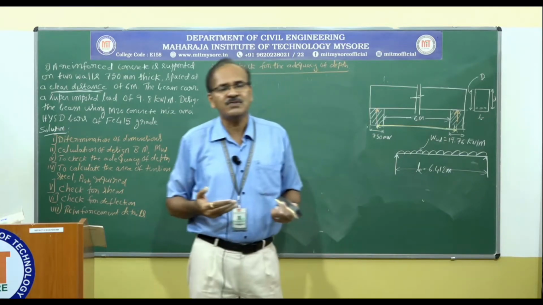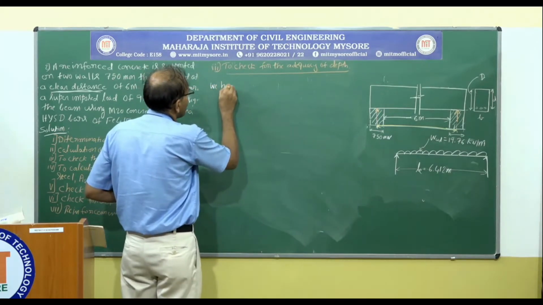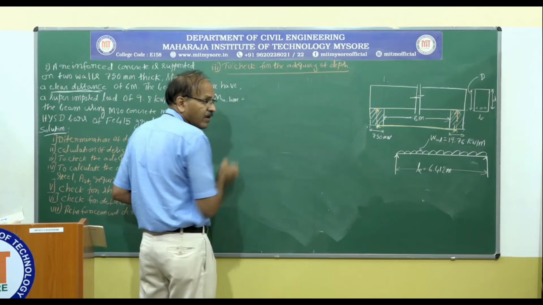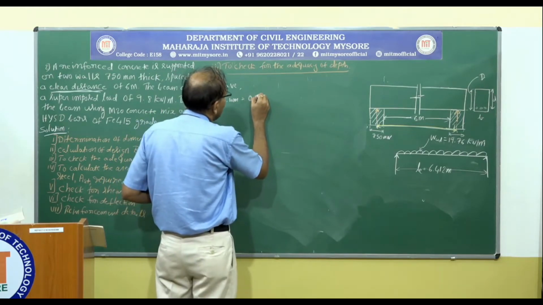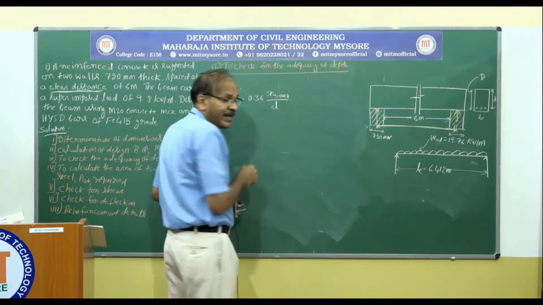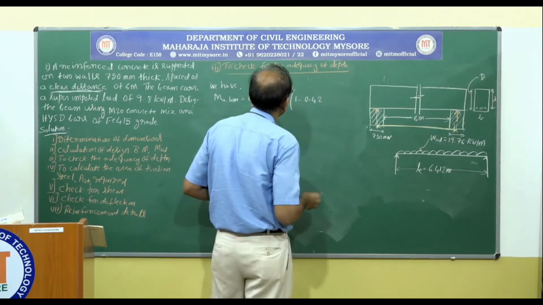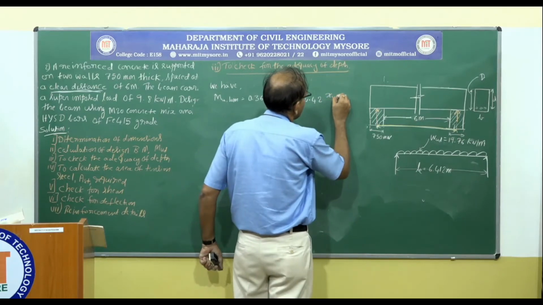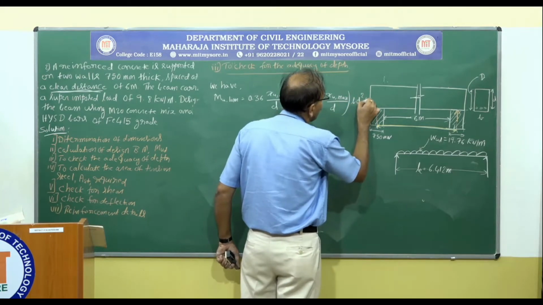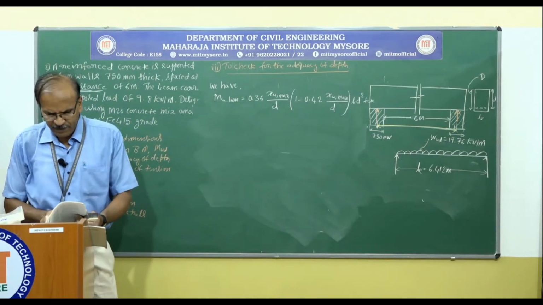If you open page number 96 of the code book, we have MU limit equal to 0.36 XU max by D, 1 minus 0.42 XU max by D multiplied by BD square FCK. Is it not?